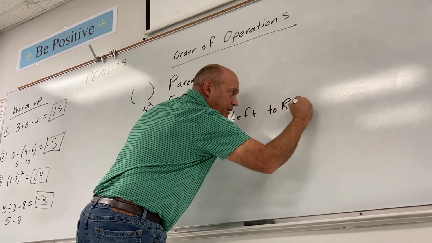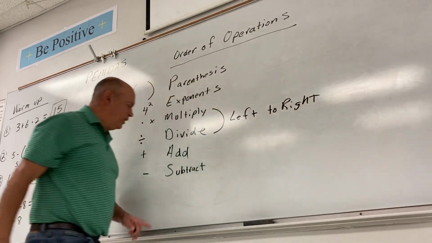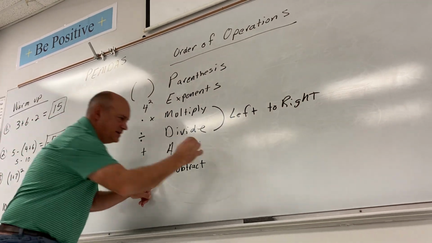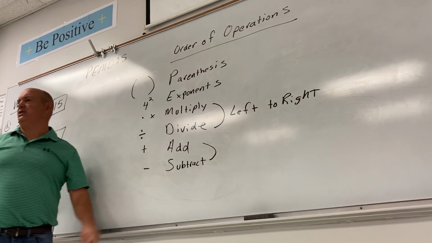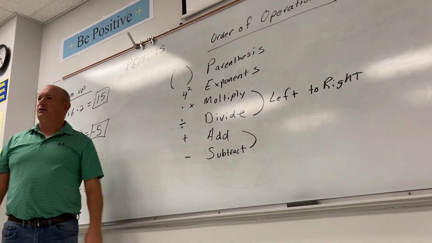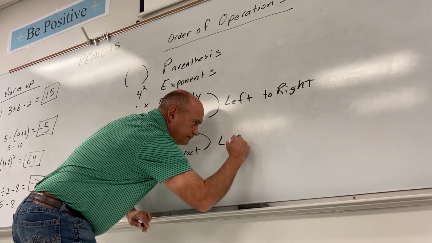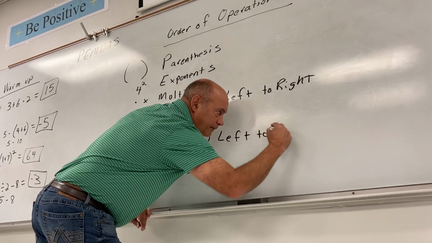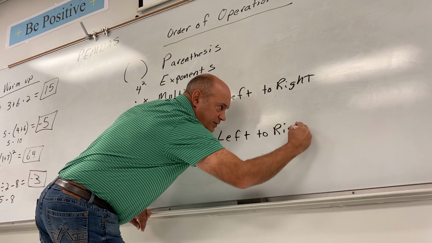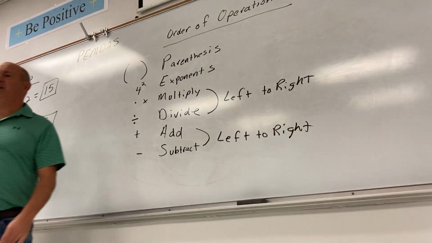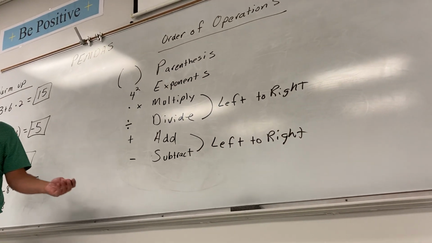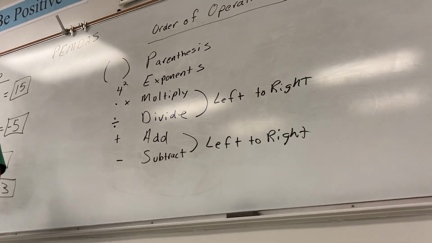We'll look at a couple of those. And what if all I see in a problem is addition and subtraction? Hey, you do that left to right as well. So, keep all of these rules in mind. You will be using them all the way till you graduate high school. Are you with me?